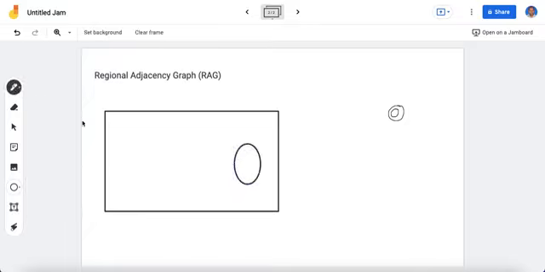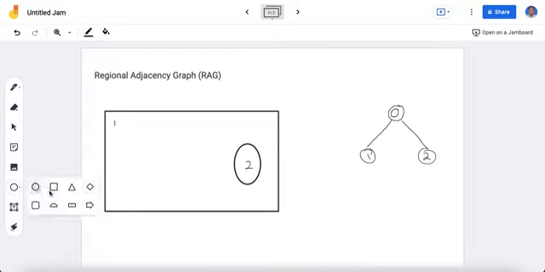And I have subregions for region 1. Let me have my subregions like this. I name one as 3, and this 3 has yet another subregion, which I name 4. Now region 1 is adjacent to 3 as well as 2.